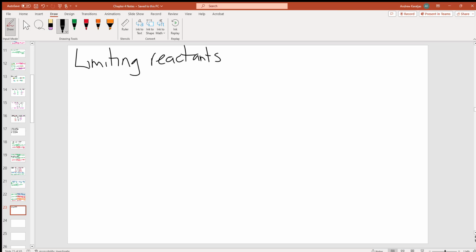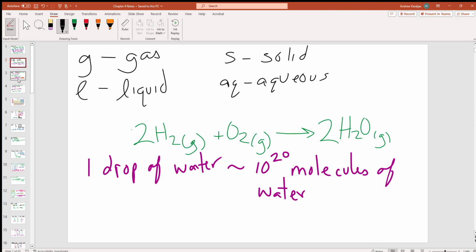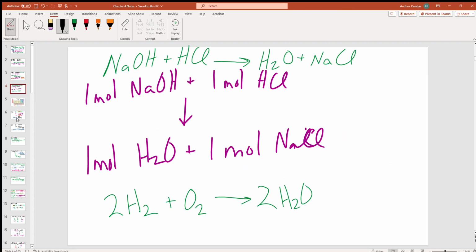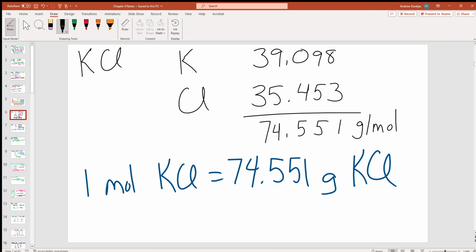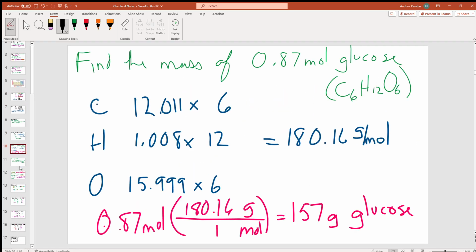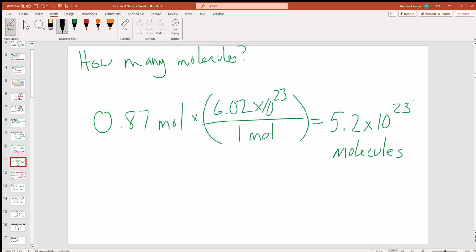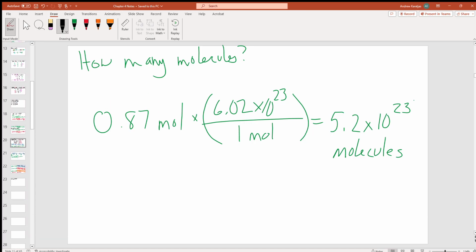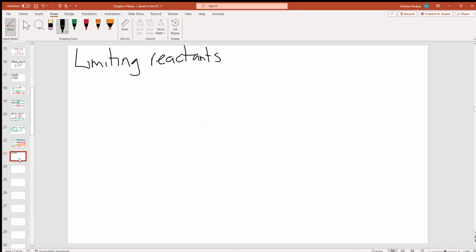And if we think back to our example that we did previously, that was not chemistry related. I was just going to copy and paste that, but we'll go back to what we did.